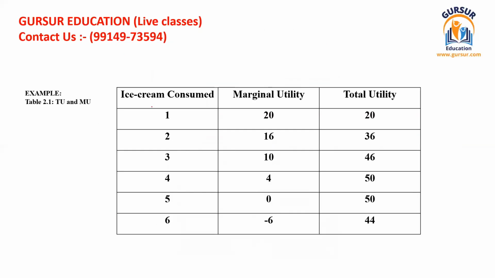Here you can also see it in tabular format: as you eat more and more, marginal utility is diminishing. The reason is that total utility is increasing, but at a diminishing rate. This is why marginal utility always goes on decreasing as you consume more and more units of a commodity.